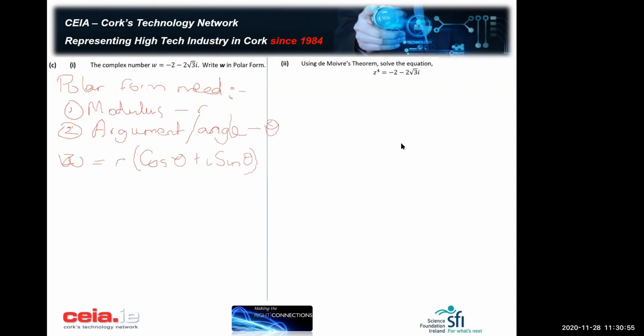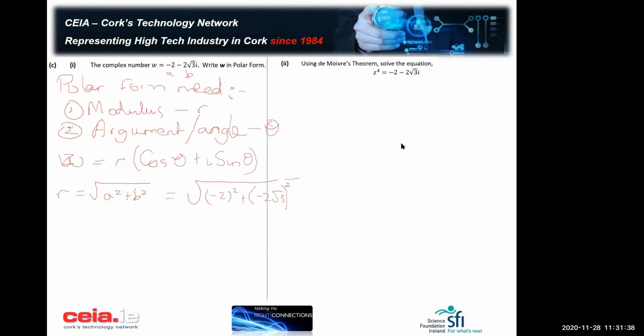Well, r we know is the square root of a squared plus b squared, which is the square root of minus 2 squared plus minus 2 root 3 squared. So a is here, and here is b. Remember, you don't bring the i with you. It's only the coefficient of it.